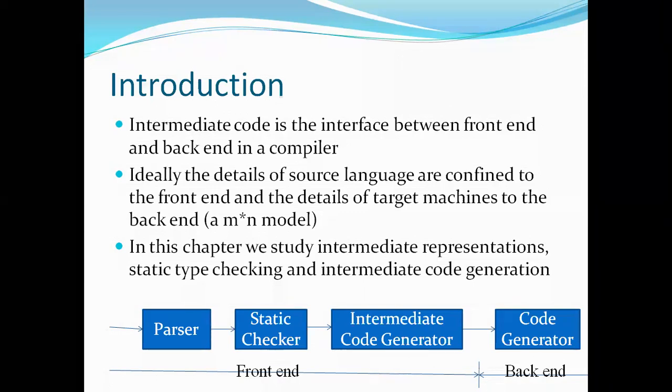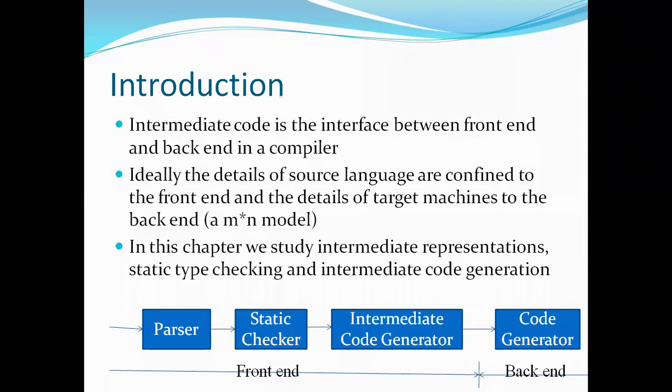The analysis part comes under machine-independent code, in the front end of the compiler. The synthesis part comes under machine-dependent code, in the back end of the compiler. So this intermediate code acts as a mediator, an interface between the front end and the back end in a compiler.